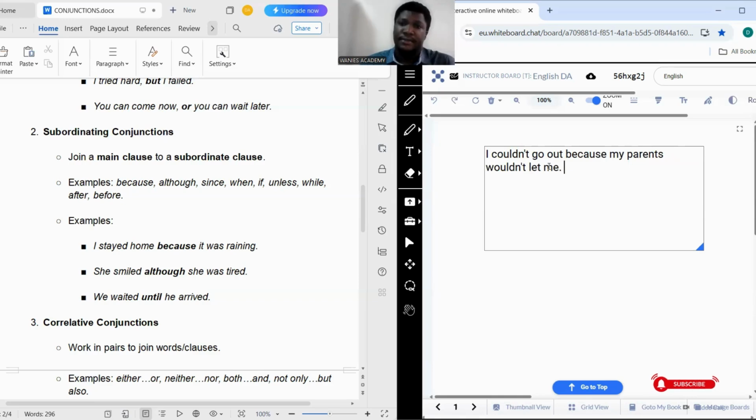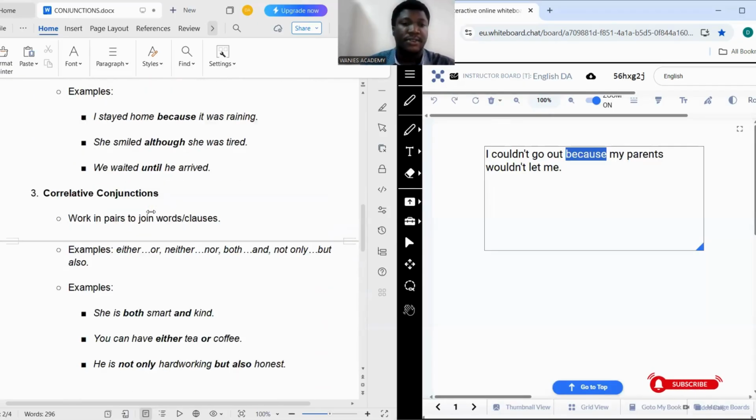Now, I couldn't go out is a statement. My parents wouldn't let me is just another statement. But when you add because, the subordinating conjunction, you have made that particular sentence make sense by bringing in that conjunction to join the main clause and the subordinate clause together.